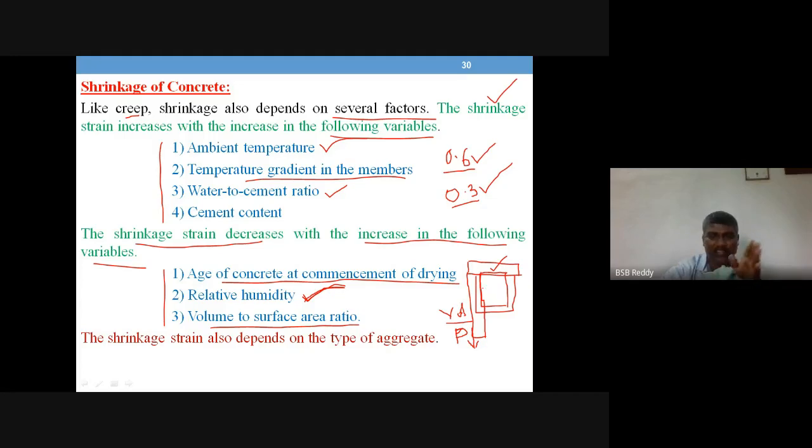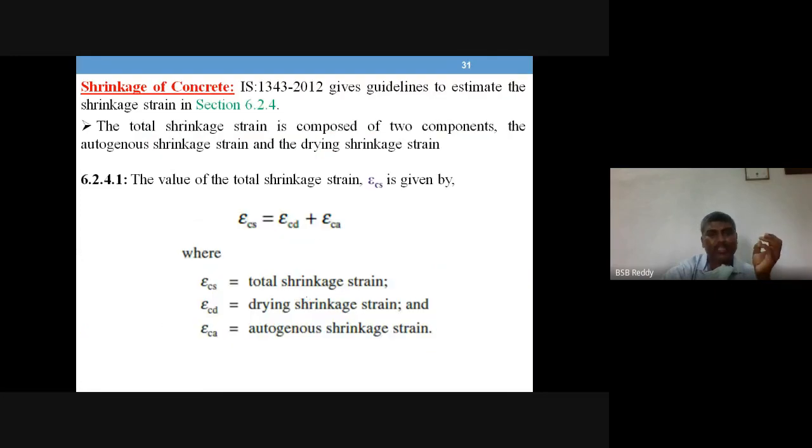If you are embedding something into this, only two faces are exposed, bottom and this one. So that's why the shrinkage comes down like this. Okay, and shrinkage strain also depends on the type of aggregate. So this is about the parameters that increase shrinkage and the parameters that decrease shrinkage.